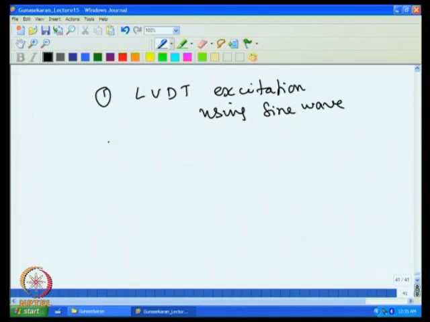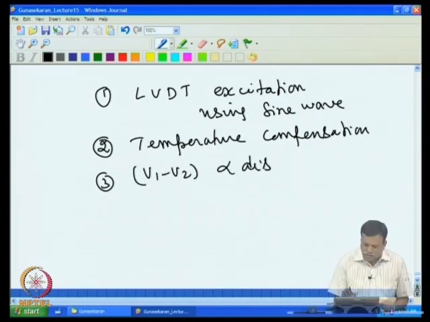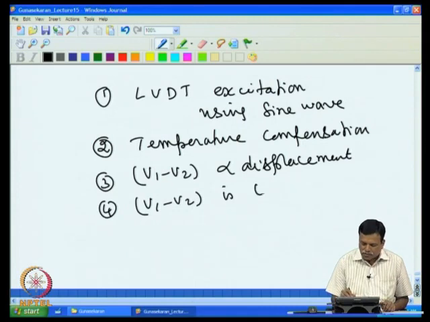Then we have discussed temperature compensation for LVDT. Then we have discussed that V1 minus V2 is proportional to displacement, and how V1 minus V2 is converted into a proportional current.